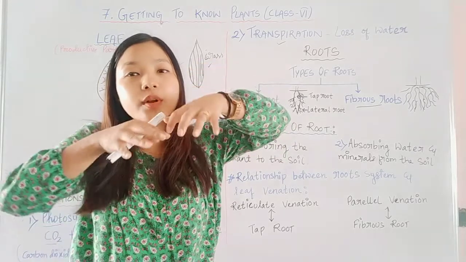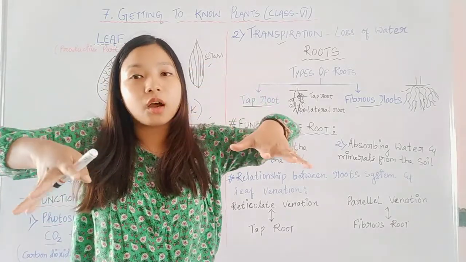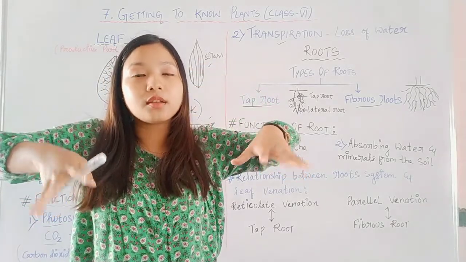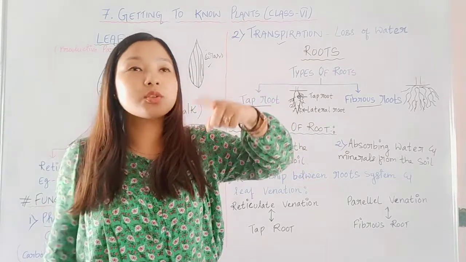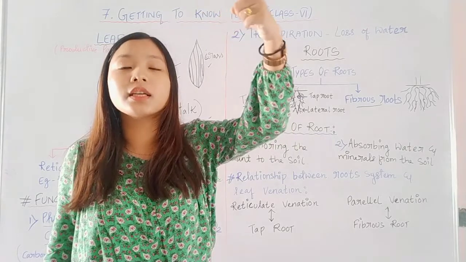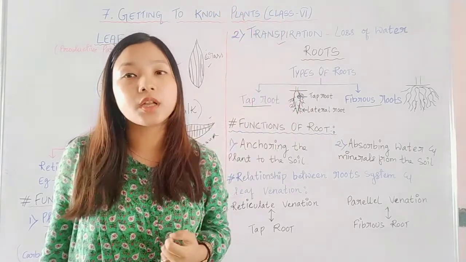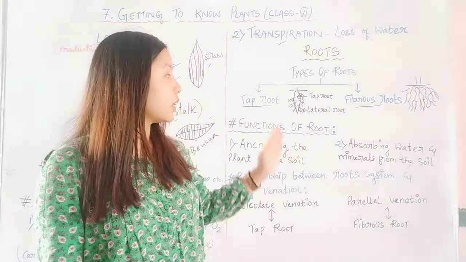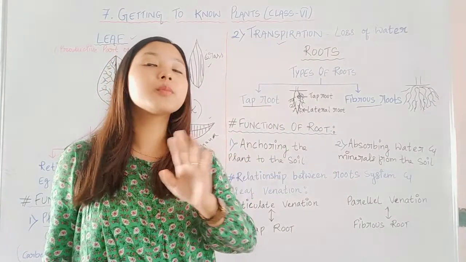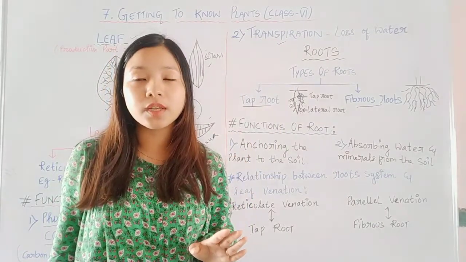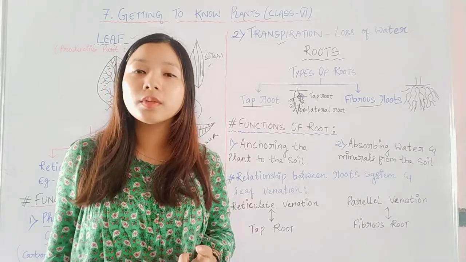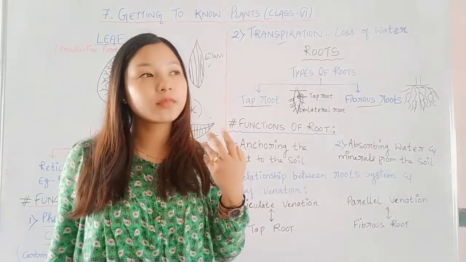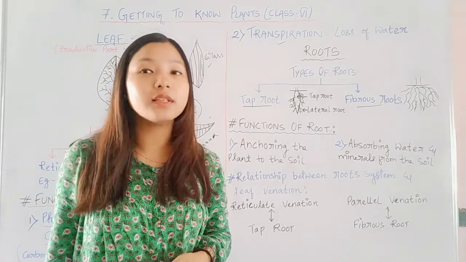The roots spread under the ground and absorb the water and minerals and provide them to the leaves for the production of food. So if no roots were there, no absorption of water and minerals would take place, the plant would not be able to prepare its food, and ultimately without food, the plant will die.